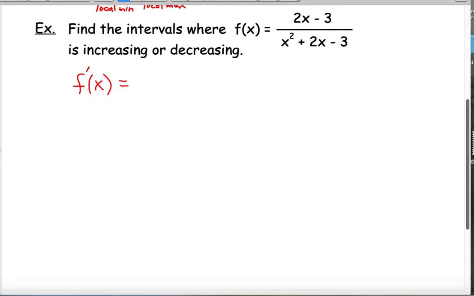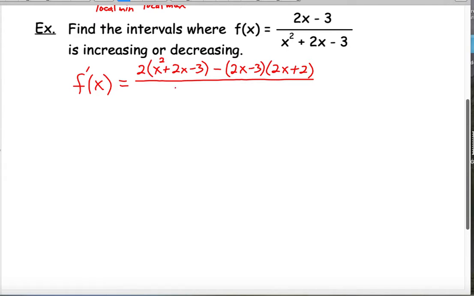And we have to use the quotient rule here. So the derivative of the top times the bottom minus the top times the derivative of the bottom, all over the bottom squared. All right, so this fraction will be 0 when the numerator is 0.